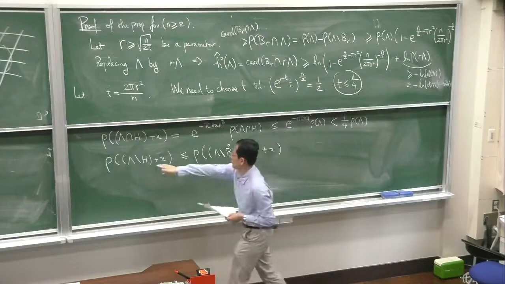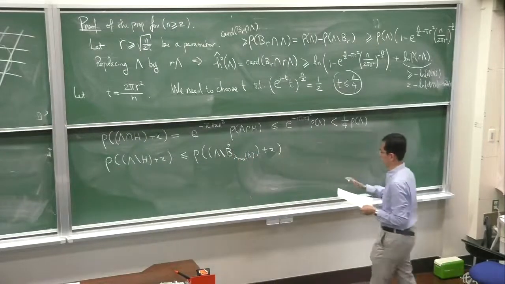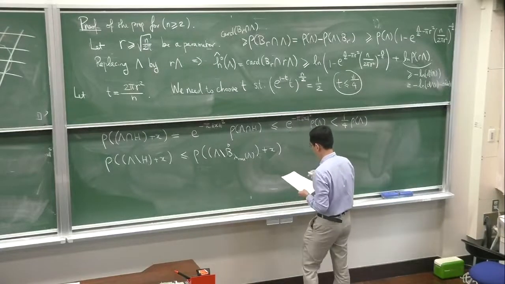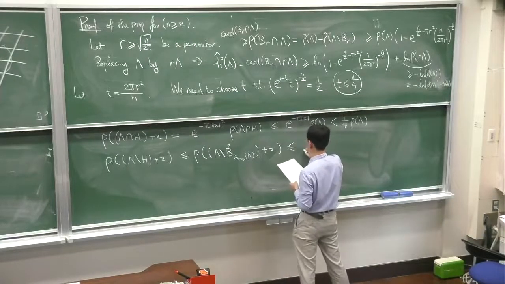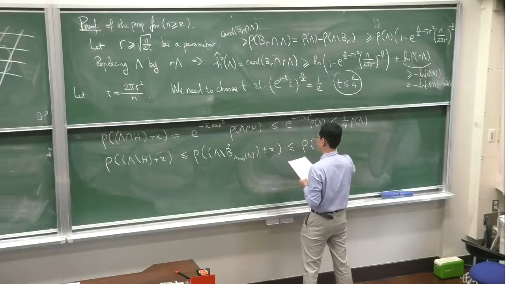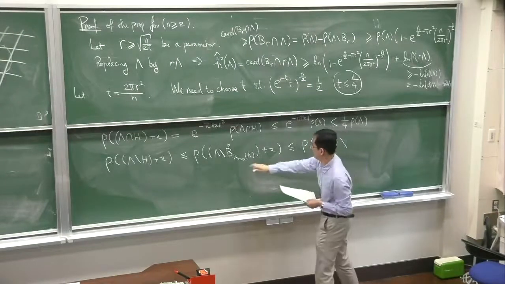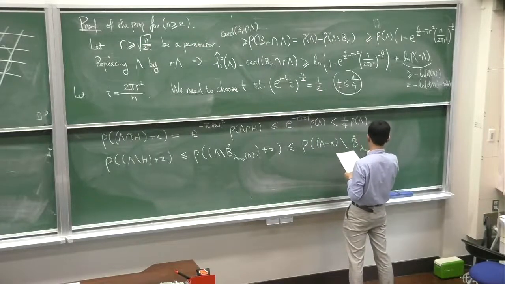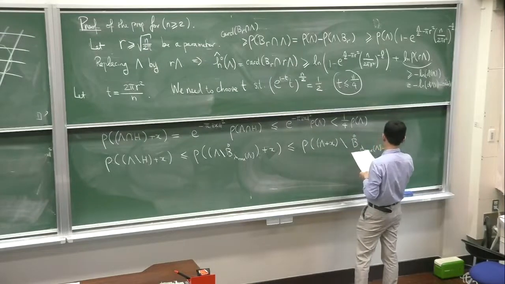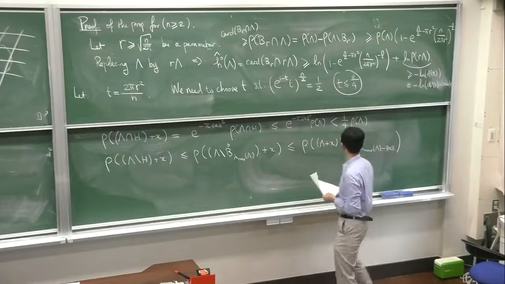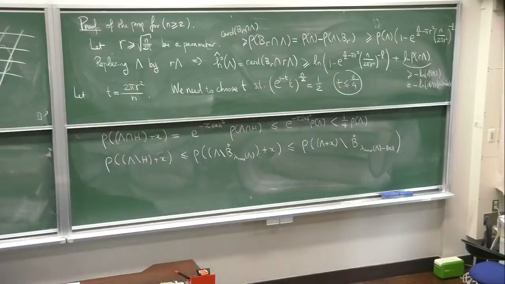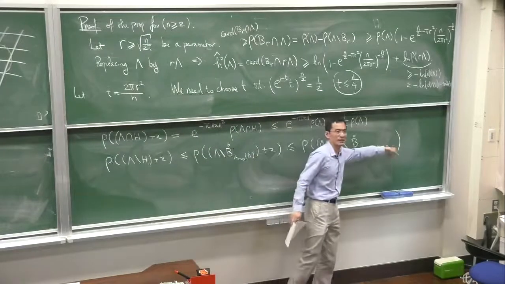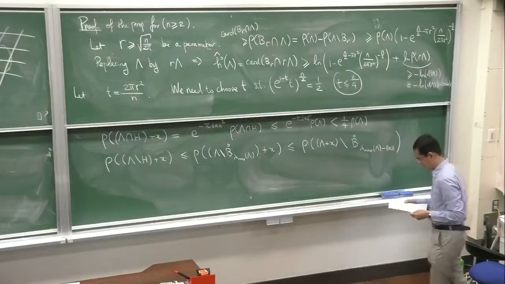Anyway, h is generated by the vectors inside, so I just threw out the vectors inside the ball. So this is bounded from above by rho of lambda plus x, but now you need to modify a little bit the radius of the ball, lambda max of lambda minus the norm of x. So you find that I need to take an extra 2/3 because of this.